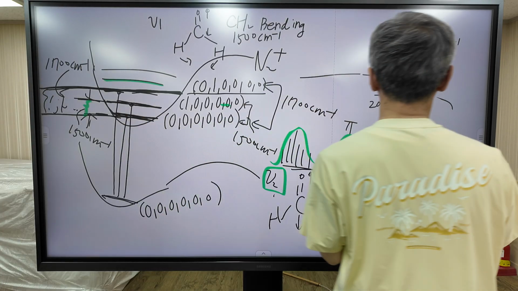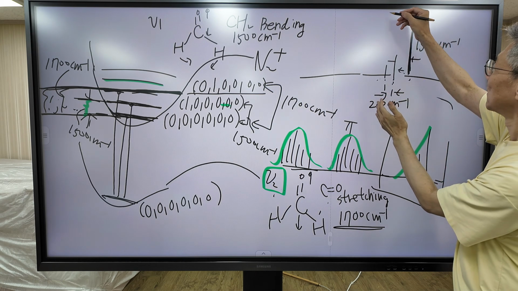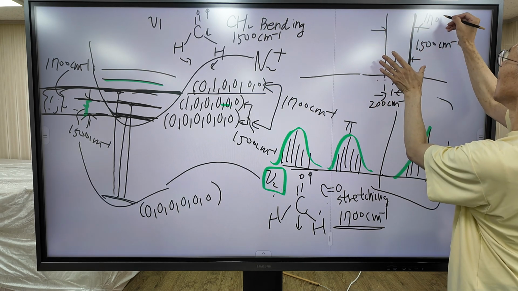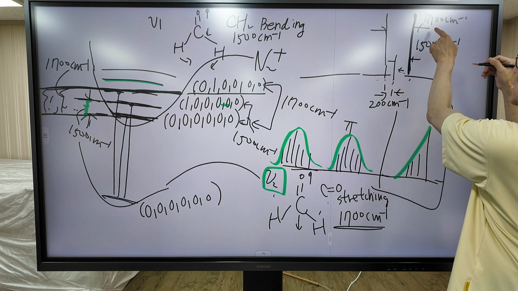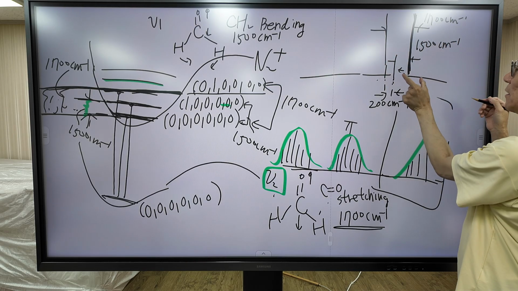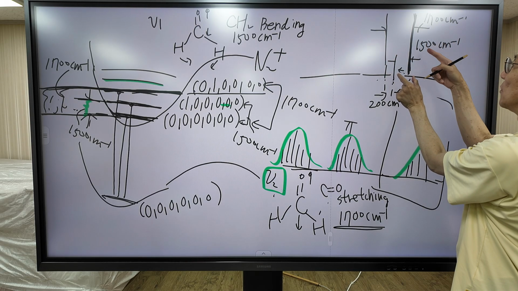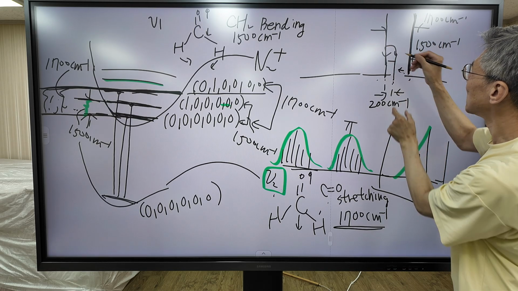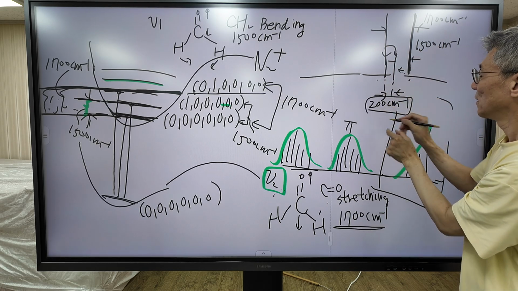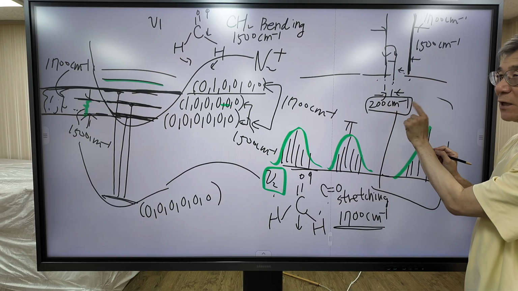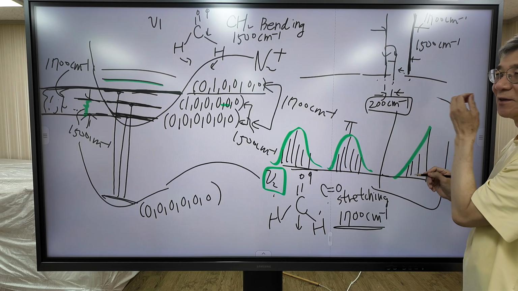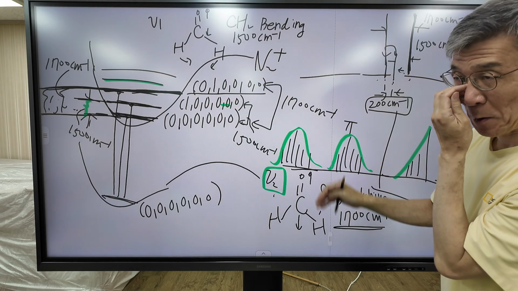Then you can explain this one. This spacing corresponds to 1700. This spacing corresponds to 1500. So this spacing is only 200 wave number. It is not equal. Okay, different spacing. So this is our explanation.